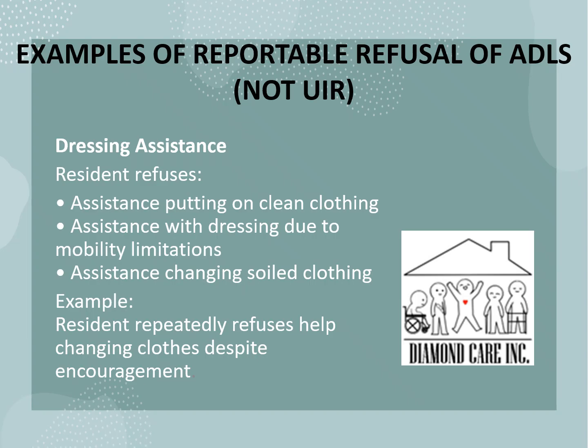So, for example, a resident repeatedly refuses help to change clothing despite encouragement. You're going to put that on the refusal form and you're going to track it. And then after 3 days of this happening, you're going to report to your supervisor verbally.